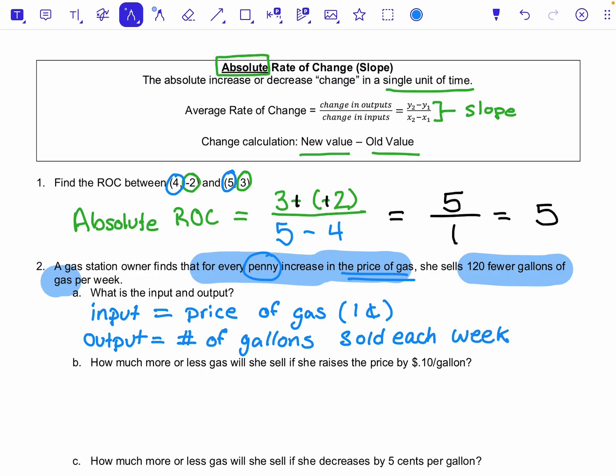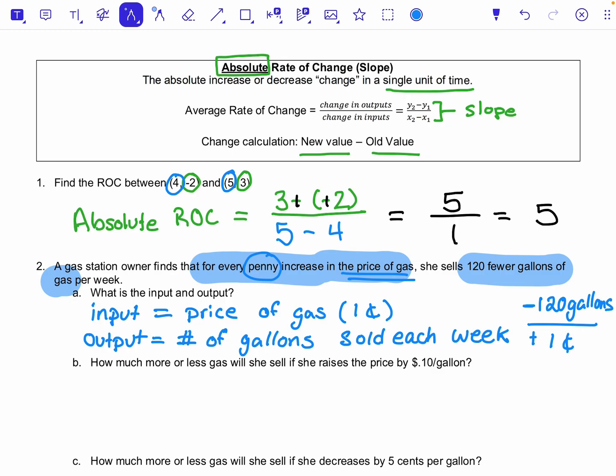Because basically what we found, you could think of it as, for every 1 cent increase, 120 gallons less. So that would be our rate.